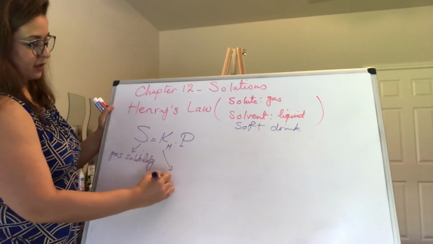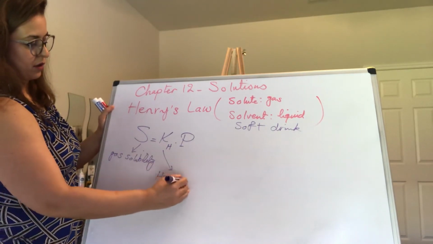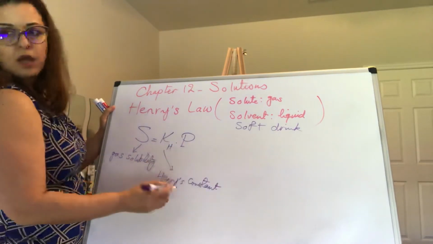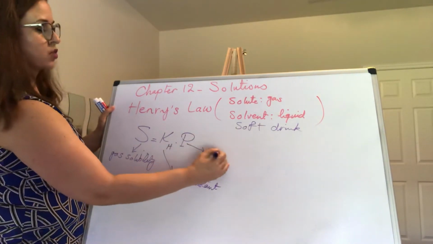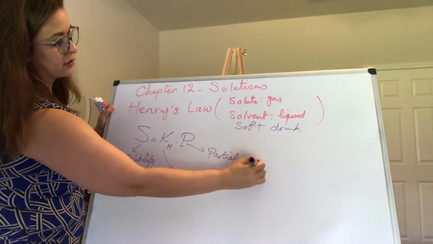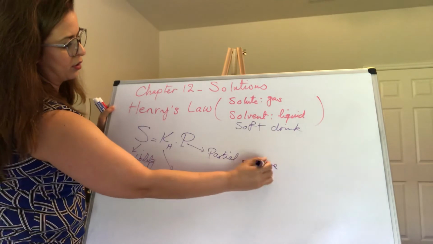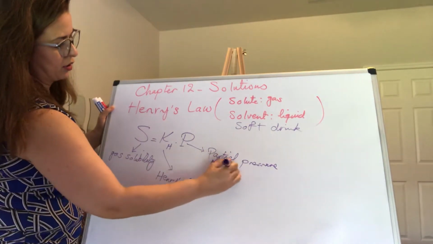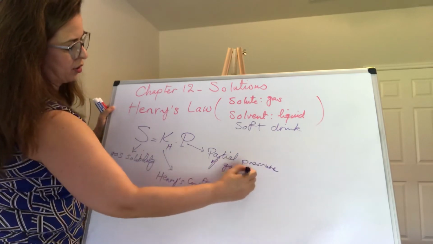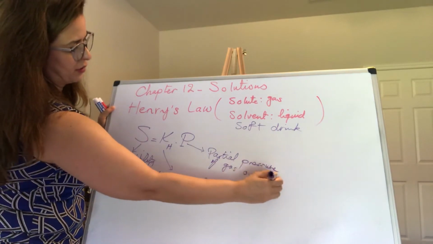KH is Henry's constant. And P is the partial pressure of gas over the liquid.